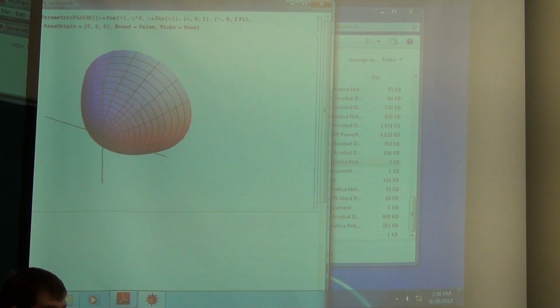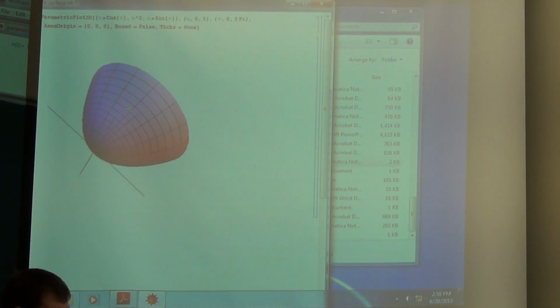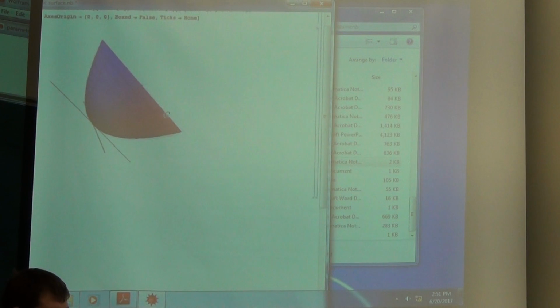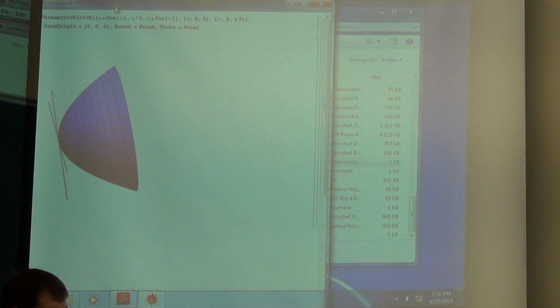You could have used this parameterization, right? This would give you the right thing, where y is equal to x squared plus z squared. So this parameterization would work.